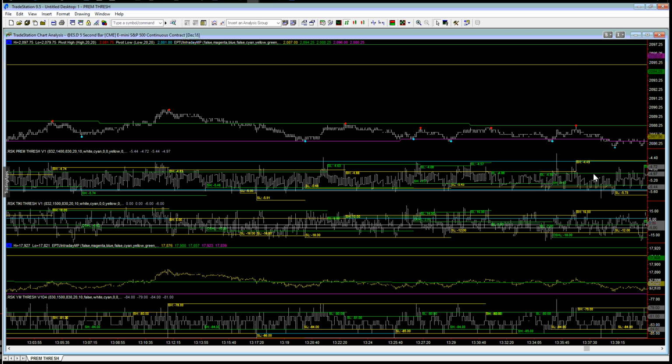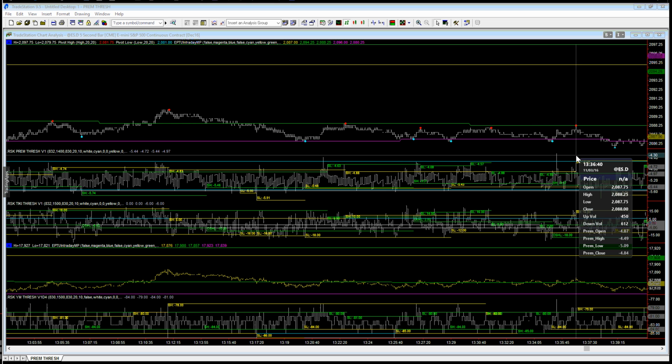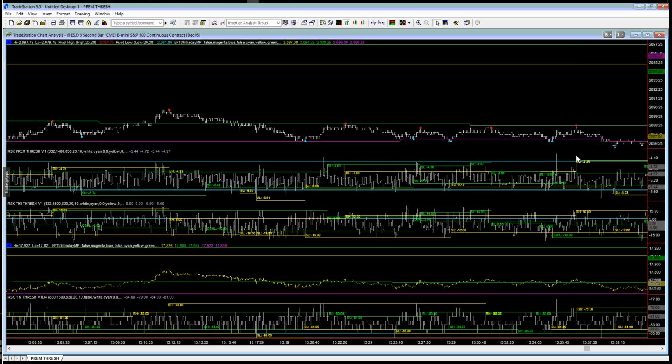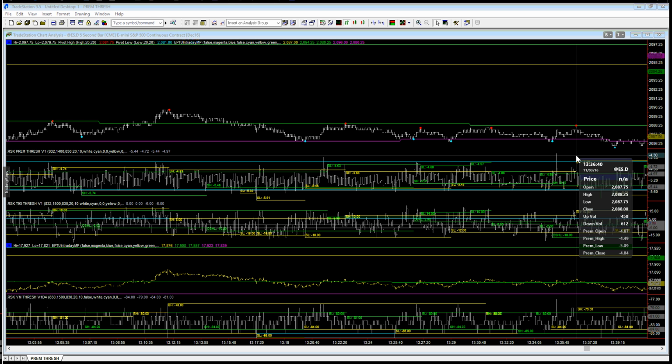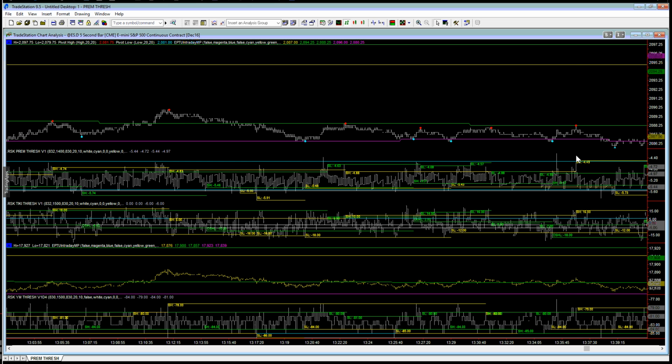Yet at the same time, if you look at this high on the premium here, even in this divergence, we are higher than we have been in the last 45 minutes at least. Certainly we're higher here than we were back here.